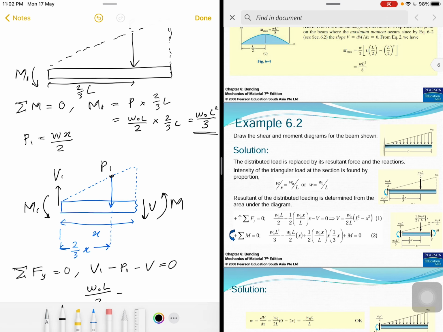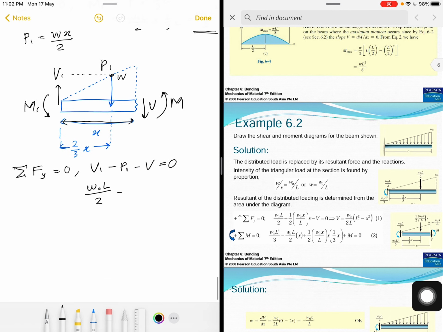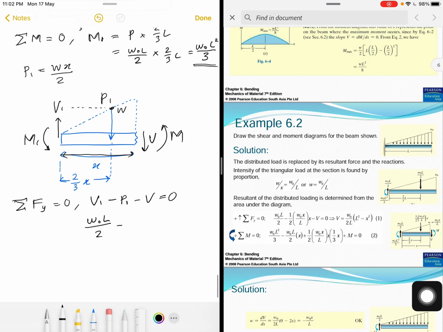W is right here, this value W. Okay, and then X is this length, and over 2. Why? Because we want to calculate the area of the triangle right there. Okay, so we just put Wx over 2 and V equal to 0.